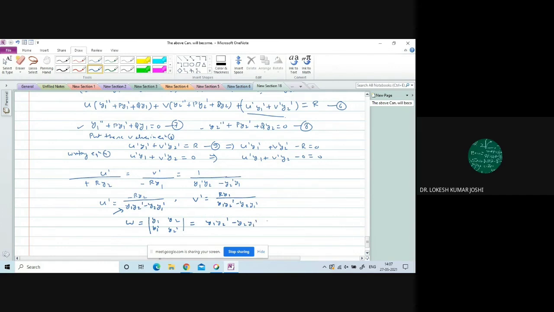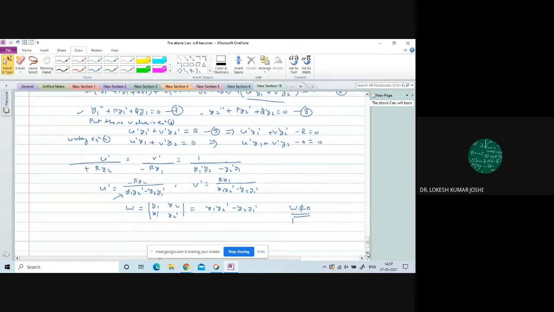The Wronskian is not equal to 0 whenever we have two independent solutions. Since y1 and y2 are independent solutions, in each case w will not equal 0. So we replace this denominator with the term w, known as the Wronskian. Therefore u dash equals minus r y2 upon w, and v dash equals r y1 upon w.